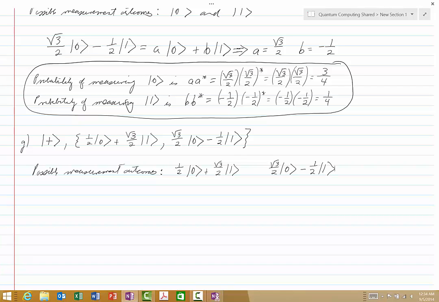And just as before, what we'll do is the following. We'll take the state that we are given and we will express it as A times the first term in the measurement basis. So this will be 1/2 0 plus square root of 3 over 2 times 1, plus B times square root of 3 over 2 0 minus 1/2 1.